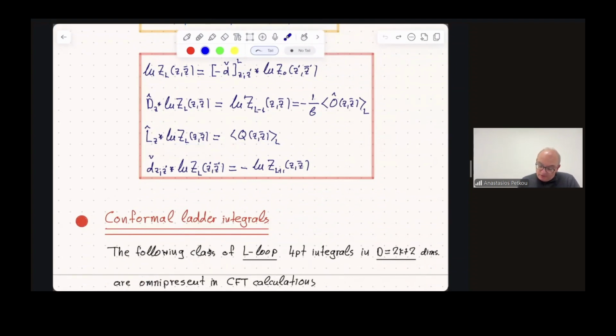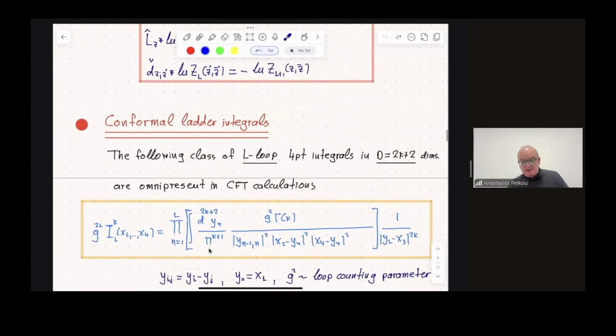And also, if I act with the integral operator on log Z, I raise the dimension again by 2 with a minus sign.